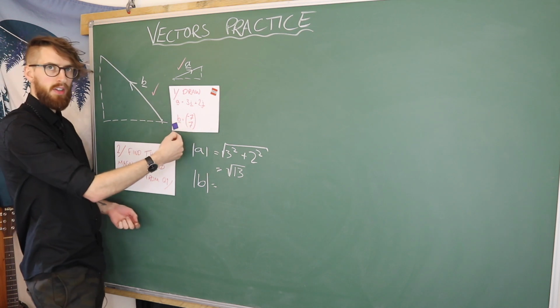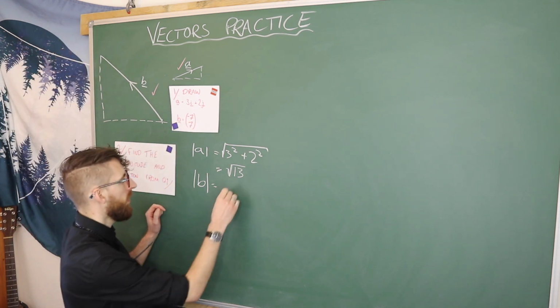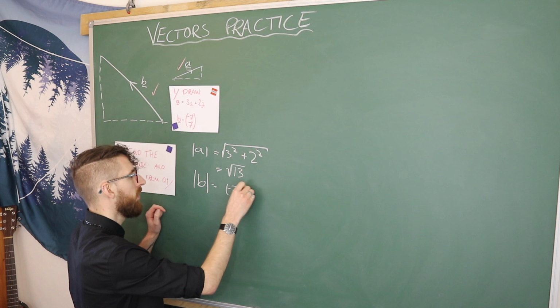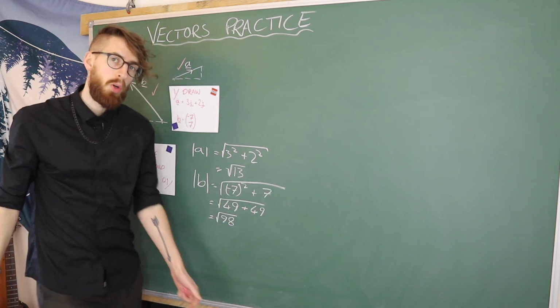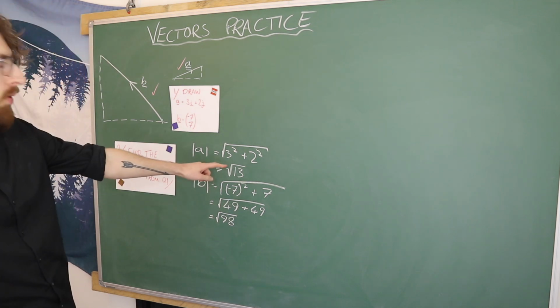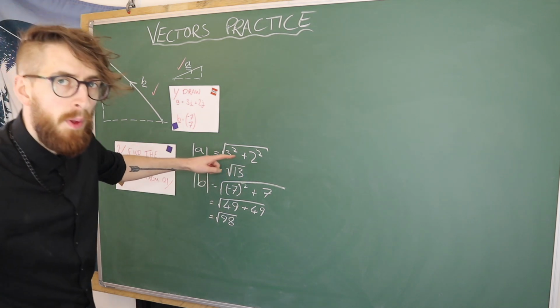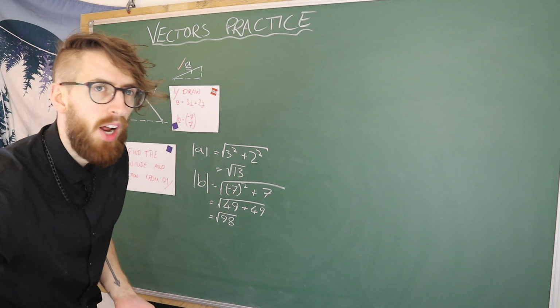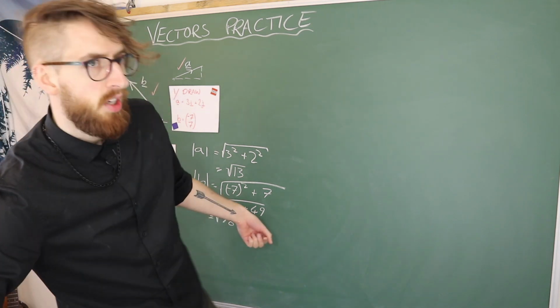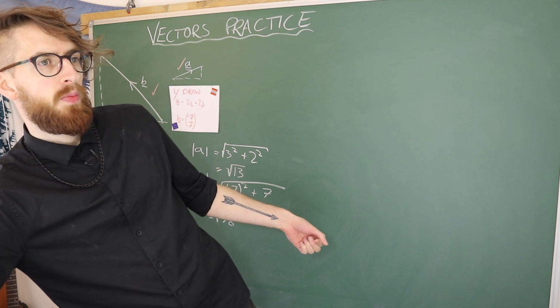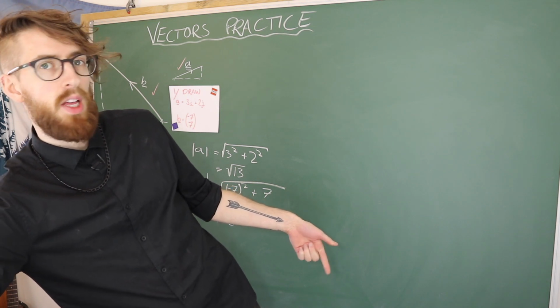This is 7 and 7, so we've got -7 squared. So we've got root 98. Root 13, because it's 9 plus 4, and then root 98. Can we write root 98 a little bit better? Well, it's 49 times 2, which is 7 root 2.